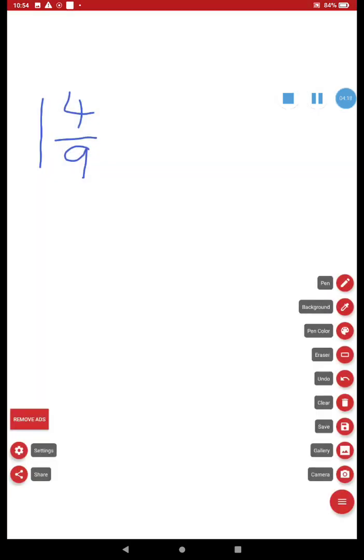Remember, we have this little strategy that we're going to follow. My whole number is next to my numerator over my denominator. If I'm writing that as an improper fraction, my denominator stays on the bottom, but now my top is my whole number times my denominator plus the numerator.